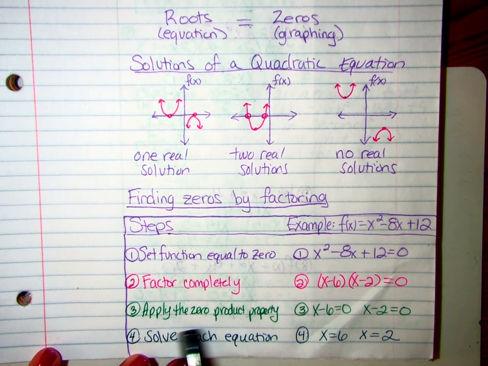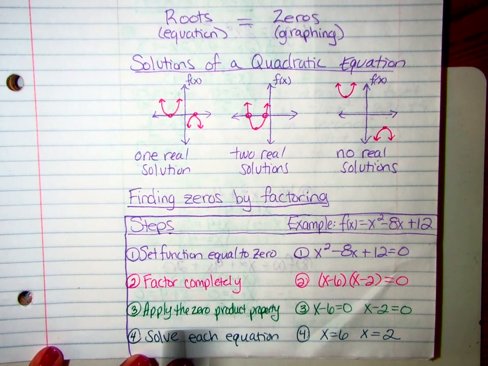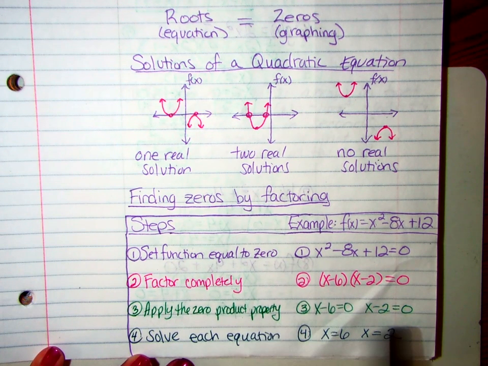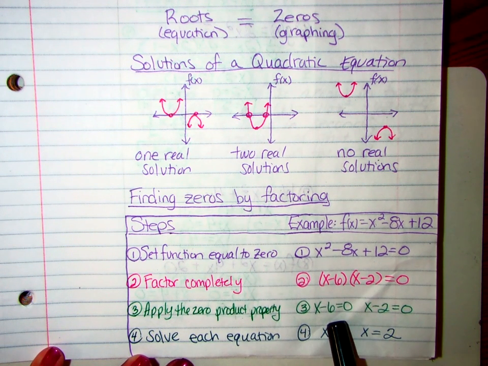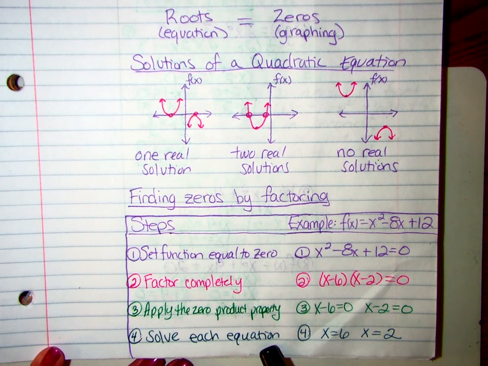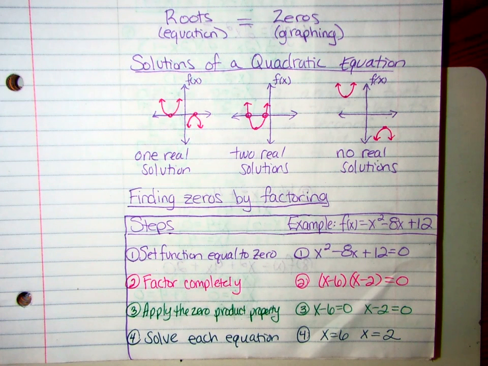Then we're going to apply the zero product property. That's basically taking the factors that you have in step 2 and setting them equal to 0. And then all we do is solve. Okay? So when we solve for zeros, we are factoring it and then setting our factors equal to 0.